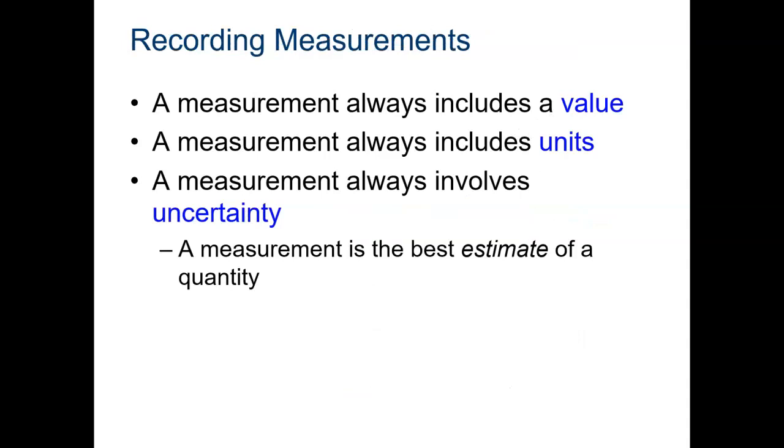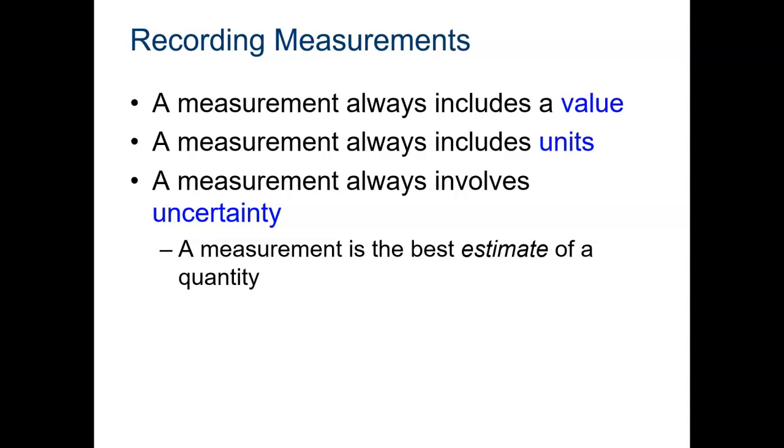When you're recording measurements, be sure to always include units. A measurement always includes a value, like the number, and the units, the cm, the kilo, whatever it is. A measurement always involves a certain level of uncertainty. Measurement is never certain. There are always errors in measurements, even if they are very small.